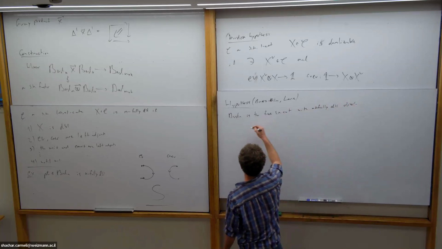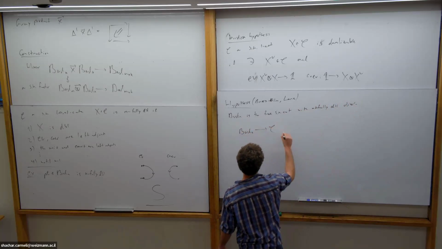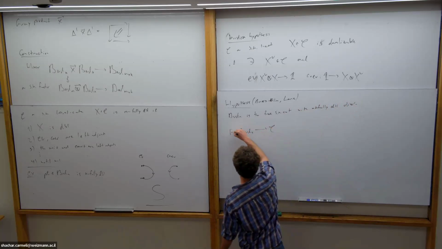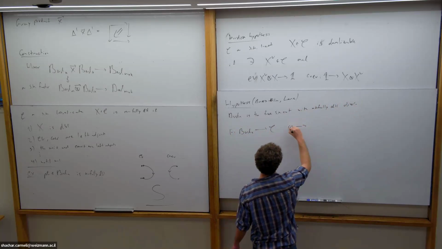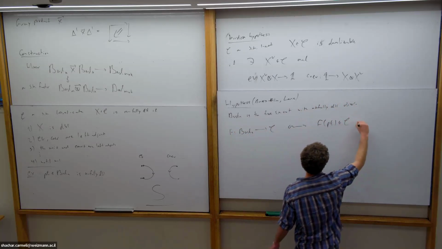Which means that giving a symmetric monoidal map from Bord n to an infinity n category C is the same as just giving a fully dualizable object in C.